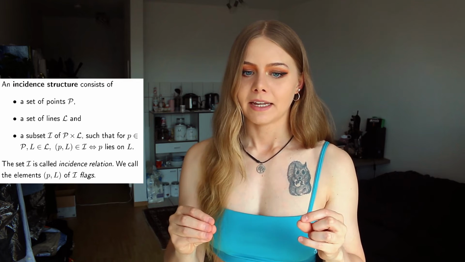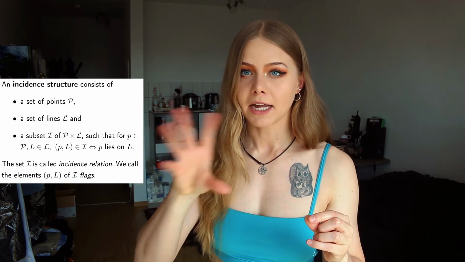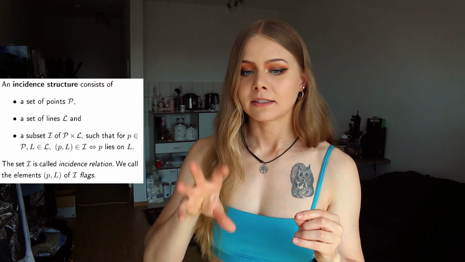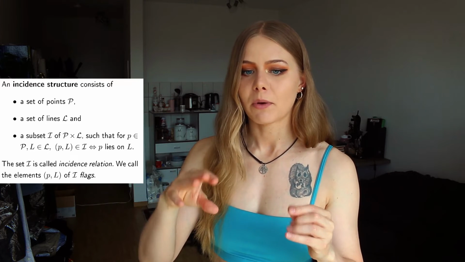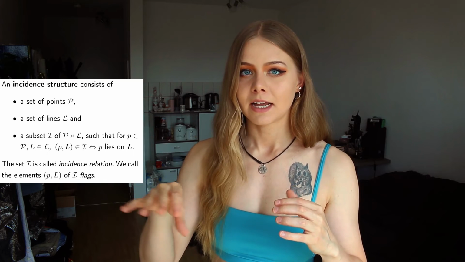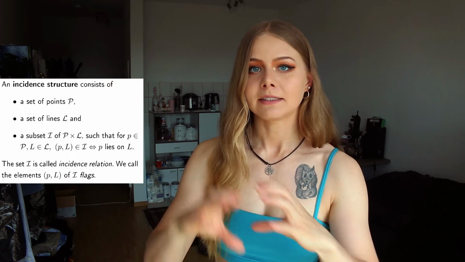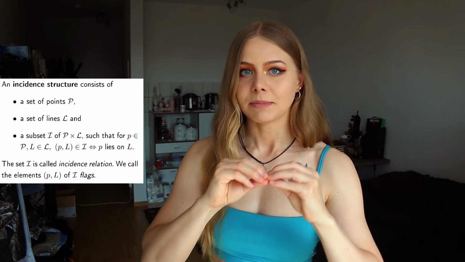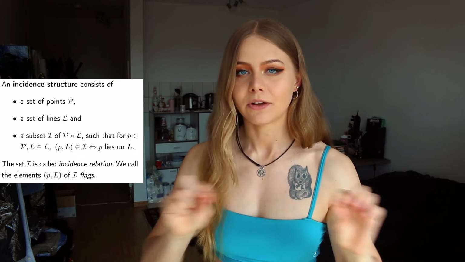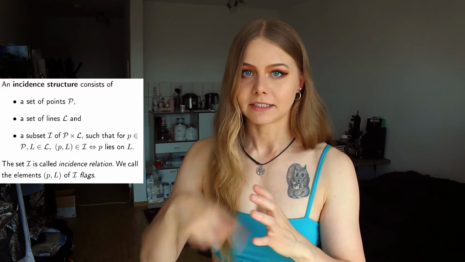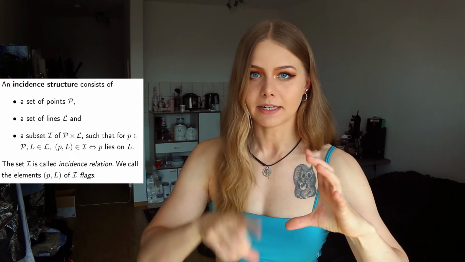So we say that we have a set I, which is called the incidence relation, and it is a subset of the set of points times the set of lines. If a tuple of a point and a line is in I, then that means that the point lies on that line.